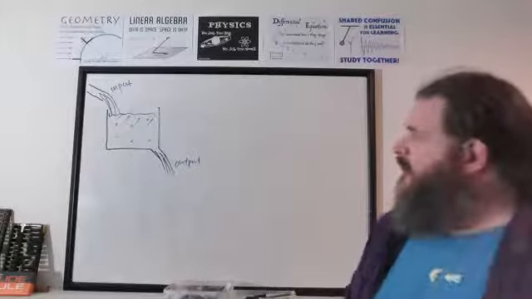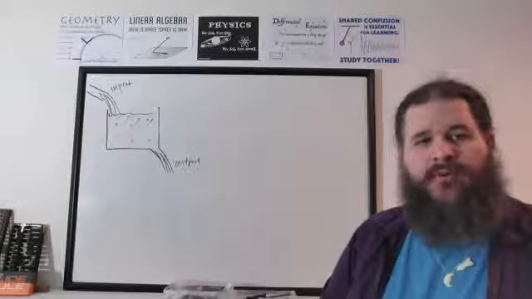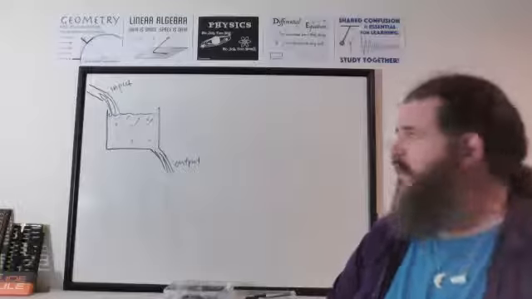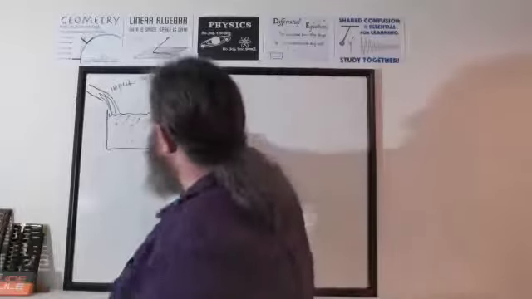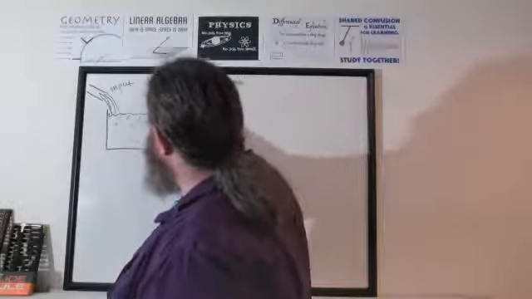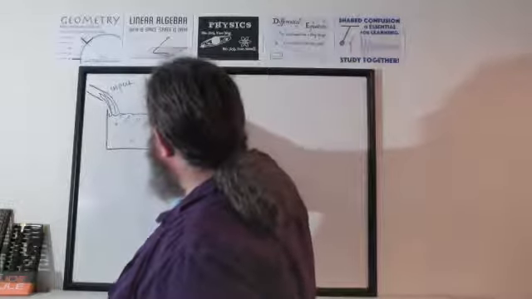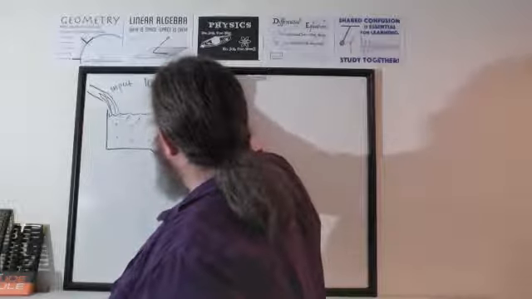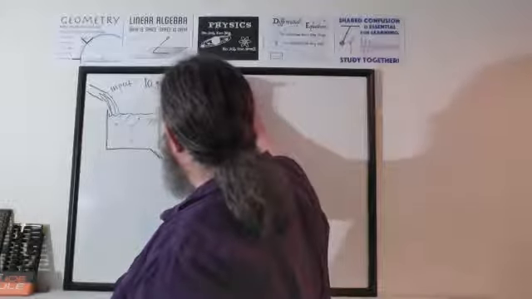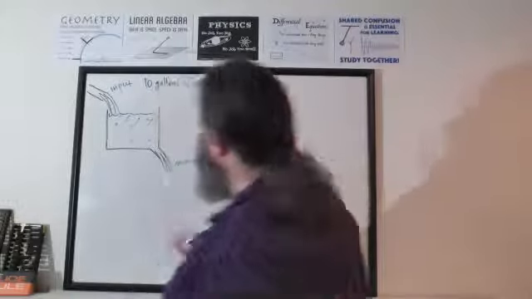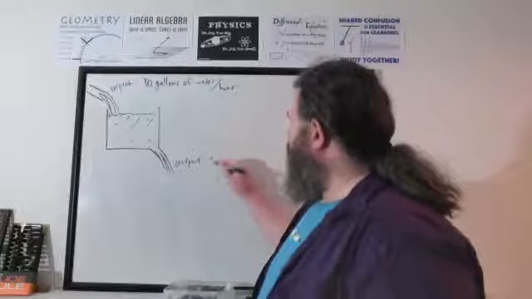For now, let's assume that the water is flowing in and flowing out at the same rate. So the total amount of water does not change. Let's say the input is 10 gallons of water per hour, and the output is also 10 gallons of water per hour.